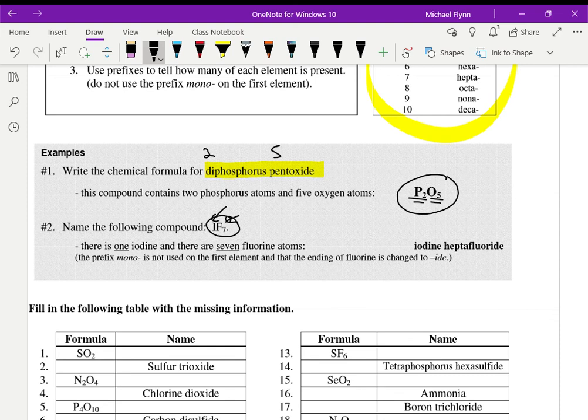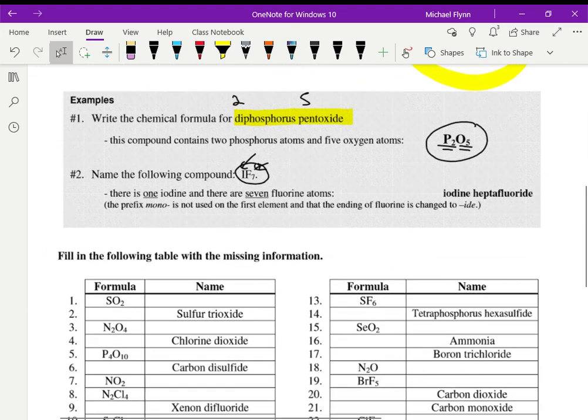I just say carbon dioxide. So in other words, the mono is implied on the first one if you say carbon something. If there's more than 1, though, you have to use di, tri, and so on. However, if the second one has only 1, then you use mono. So CO is carbon monoxide, okay, CO. Not monocarbon monoxide, you just say carbon monoxide. That means you only have one of the first one, too.